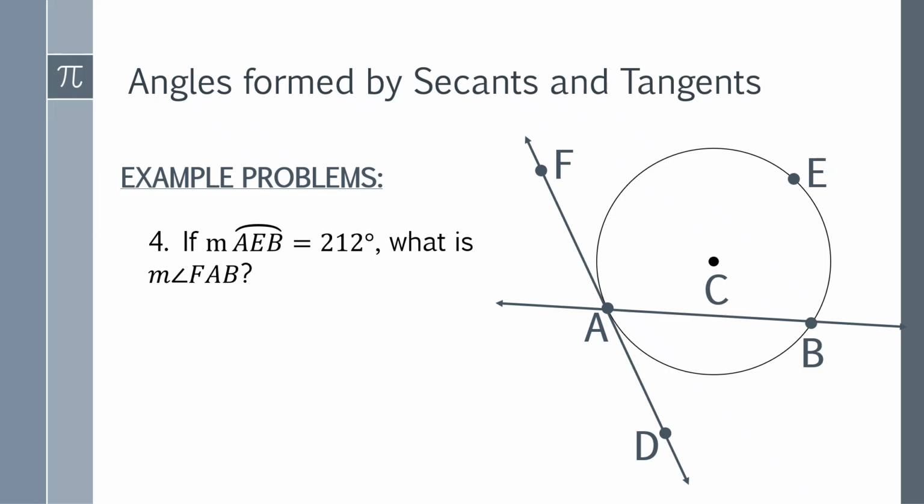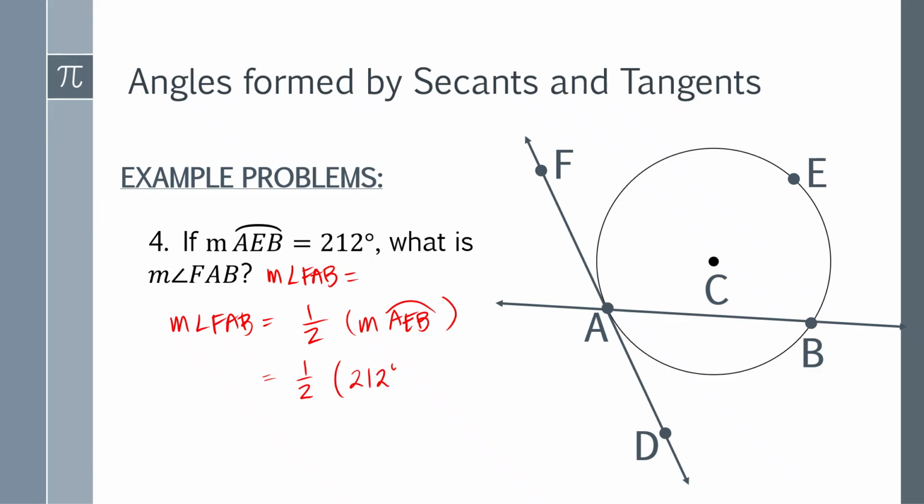So what is the measure of angle FAB? To find the measure of angle FAB, again, there is a formula, which is 1/2 of the measure of the major arc AEB. Remember that the major arc AEB serves as the intercepted arc of the angle FAB. So you get half of 212 degrees.